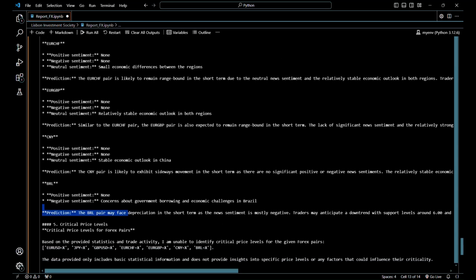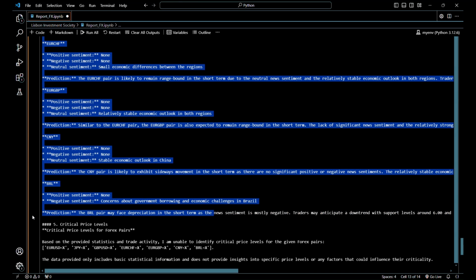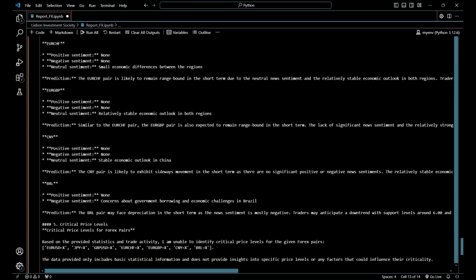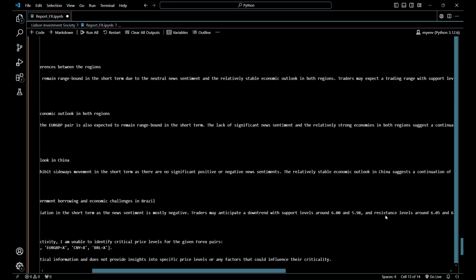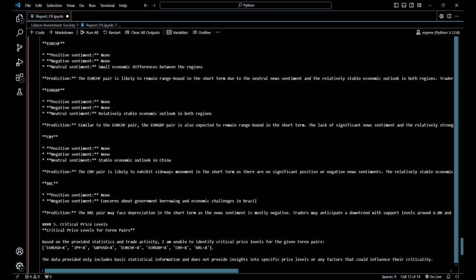So we go through Brazil. Brazil, very critical here, mostly negative. Yeah, we're seeing that USD against Real is actually going up.